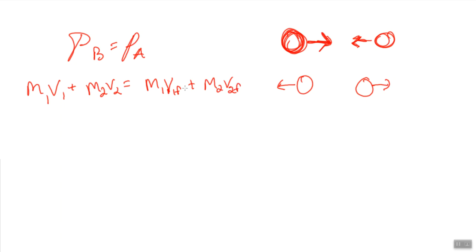Now, there's a couple things that we need to denote in here. The velocities of my objects beforehand are denoted as positive, so the momentum here is also going to be positive. Same thing over here, this momentum is denoted as positive.